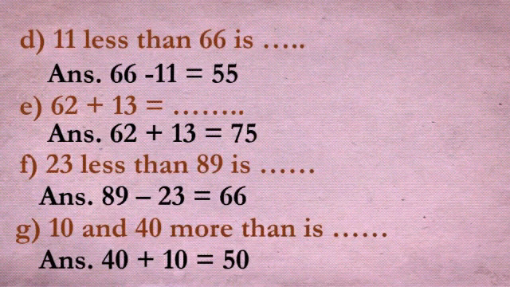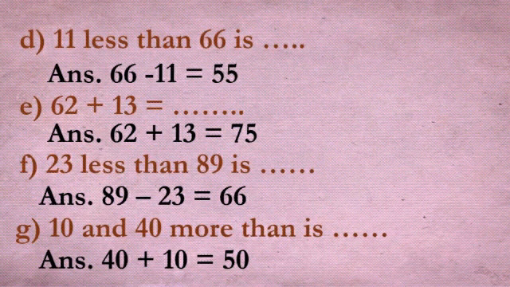After that, 10 and 40 more than is. See here the keyword is more, so we need to add: 40 plus 10 equals 50. 11 less than 66, so here you have to subtract, you will get 55. 62 plus 13, here you can directly add, so you will get 75. 23 less than 89, so you have to subtract because less than indicates subtraction.